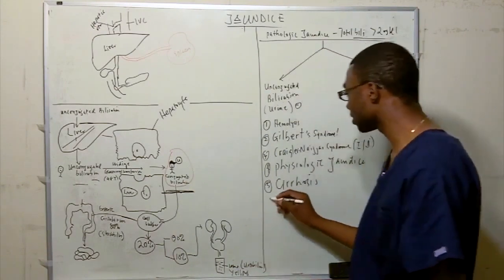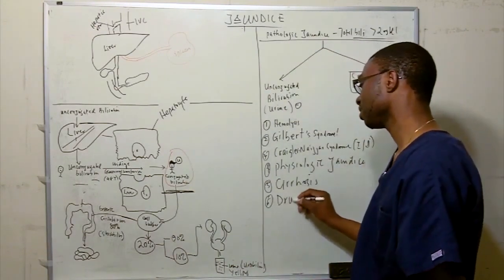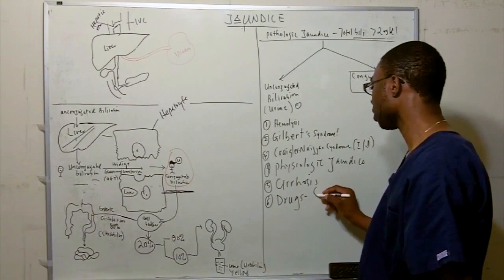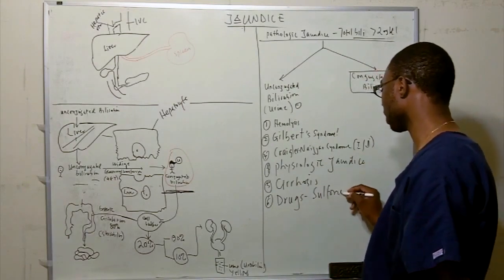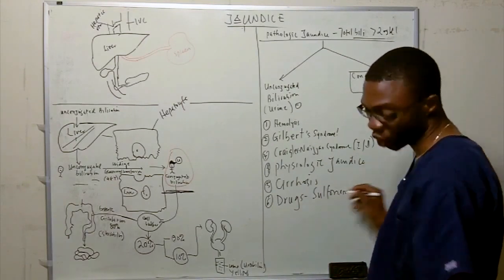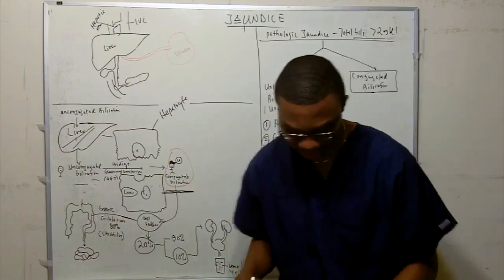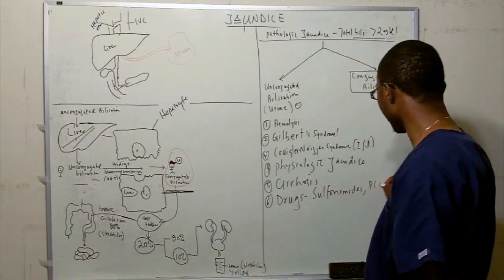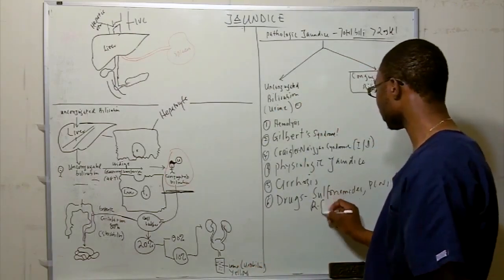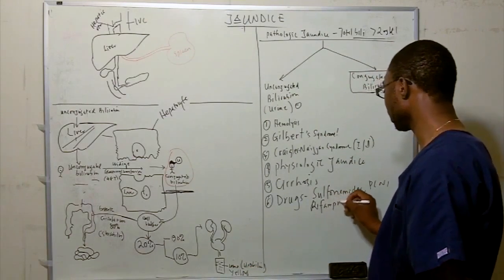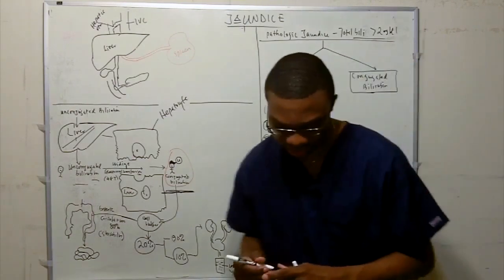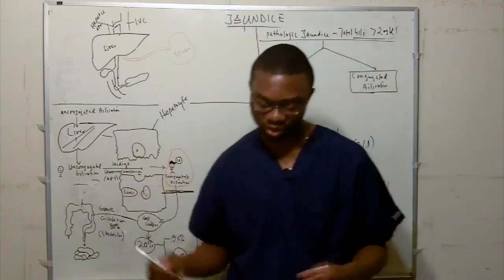Last but not least, drugs. Notorious ones: sulfur drugs, sulfonamides, penicillin, rifampin. These are all hepatotoxic drugs that can also cause you to have elevated bilirubin.